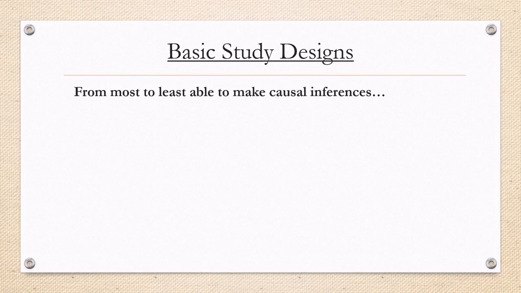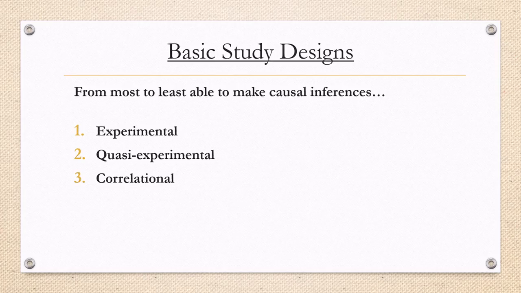So let's talk about basic study designs. There are three basic research strategies related to the purposes of finding relationships, explanations, and making changes. These are experimental research, quasi-experimental research, and correlational research designs.